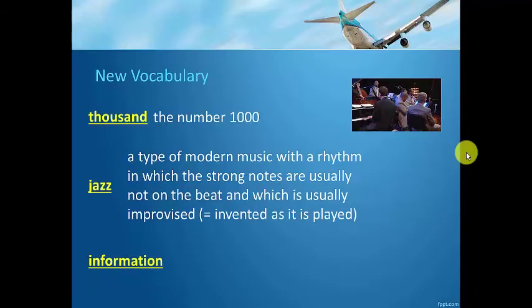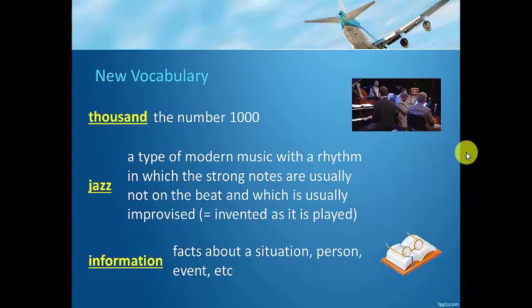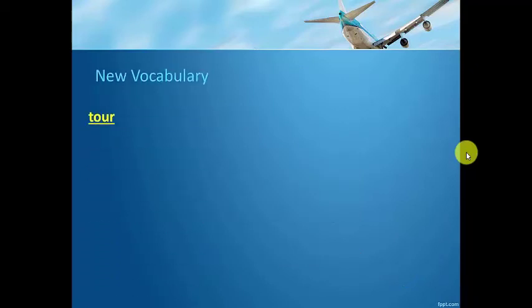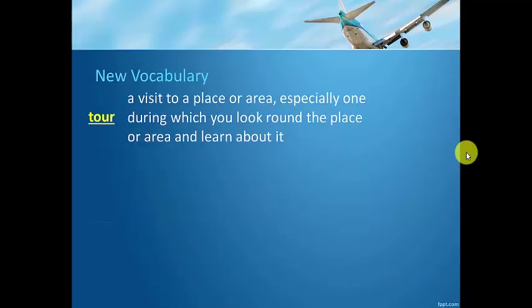We have the word information. Information means facts about a situation, person, event, etc. Tour. Tour is a visit to a place or area, especially one during which you look around the place or area and learn about it.